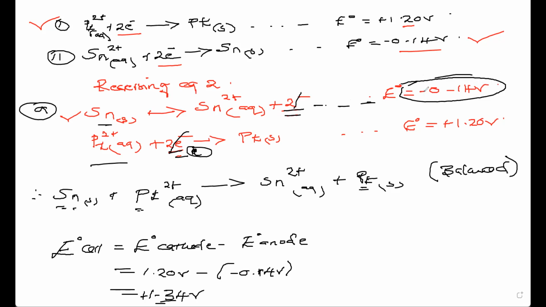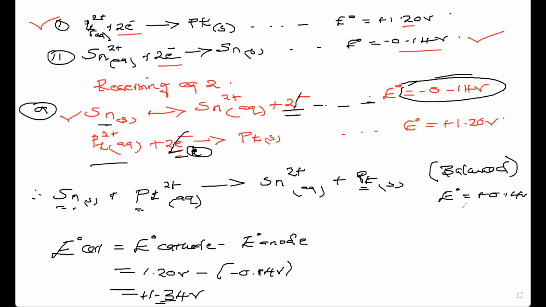But if, let's say, we change the sign from negative to positive here, then for E cathode, E anode was going to be positive 0.14. That is if we change the sign when we reverse this reaction.